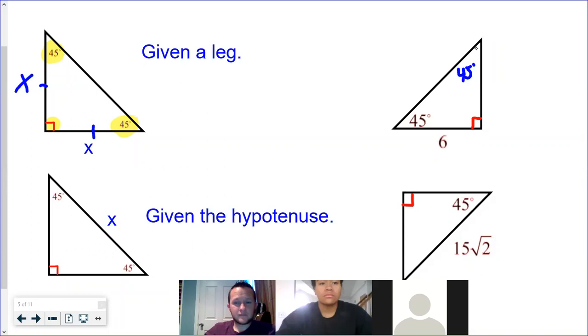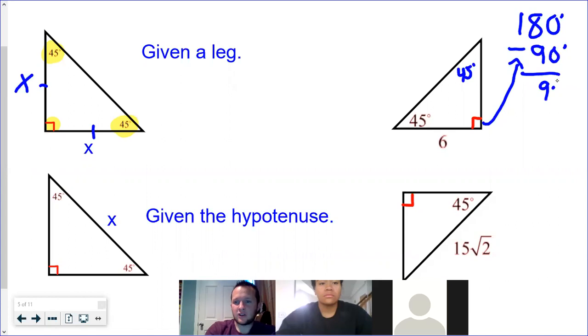Yes, that is correct. So the measures of the angles of all triangles add up to 180 degrees. If I subtract off this 90 degrees, I'm left with 90 degrees. And then if I subtract off the 45 that was given, what's left over is 45. So I know that this is a 45, 45, 90 triangle.